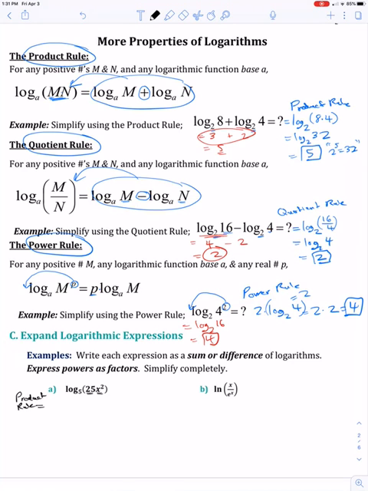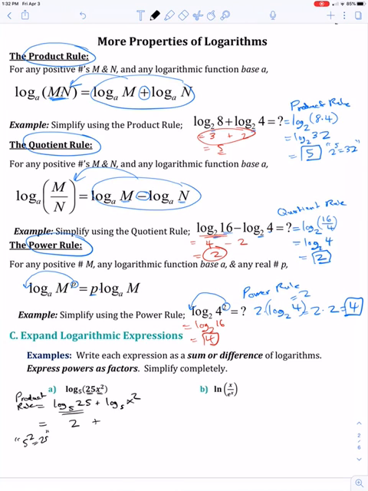Let's take log base 5 of 25, the first factor, plus log base 5 of x squared. As we simplify, log base 5 of 25 equals 2, because 5 squared is 25. So I went ahead and simplified that, plus log base 5 of x squared.